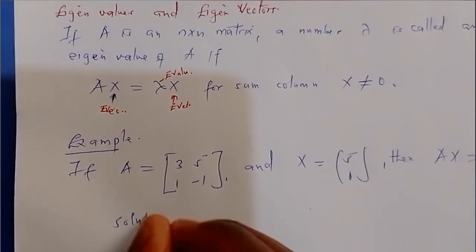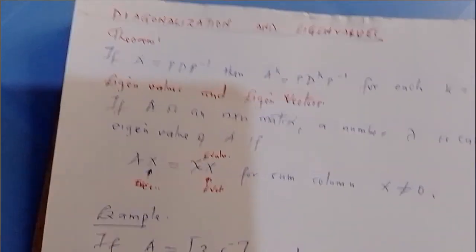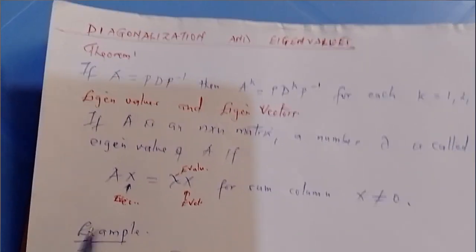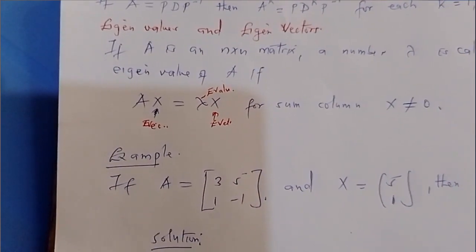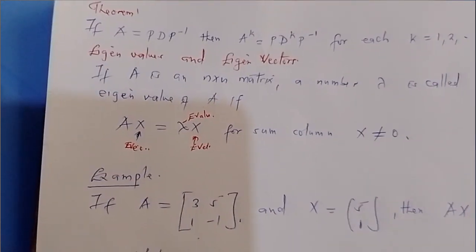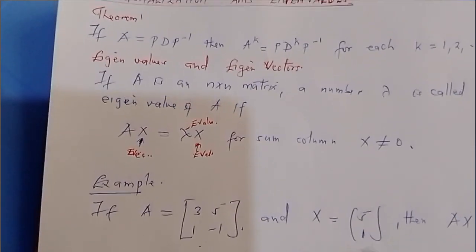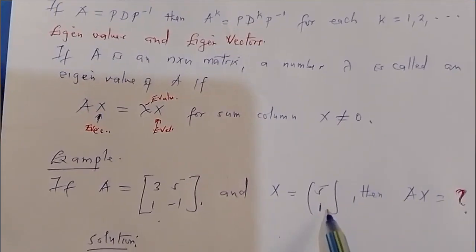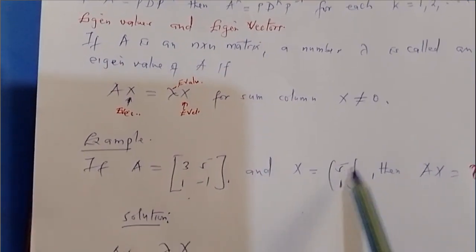Solution. We have said that Ax is equal to lambda x, where A is this matrix and x is this column matrix, sorry, not row matrix.